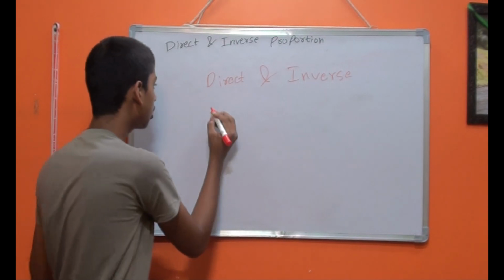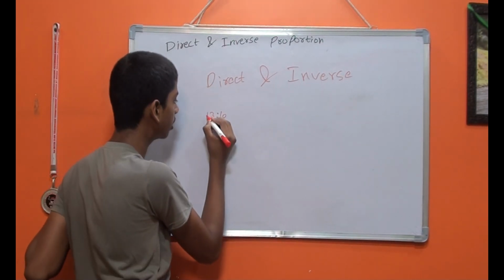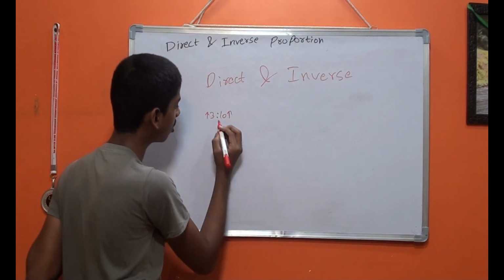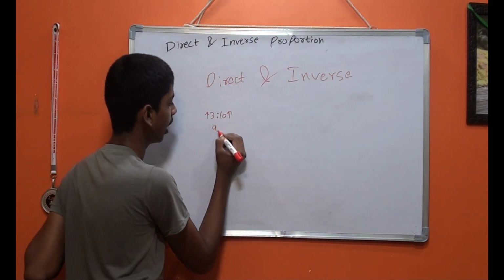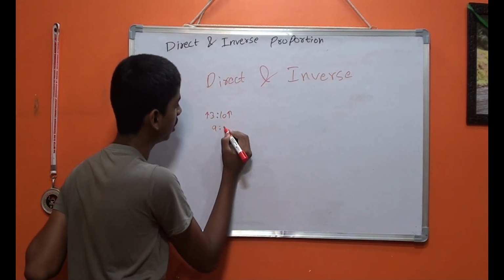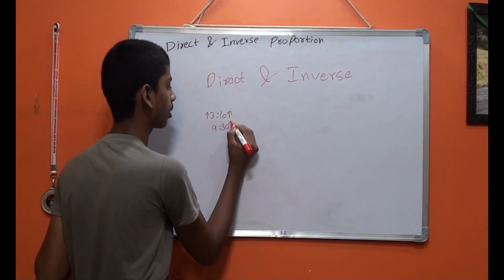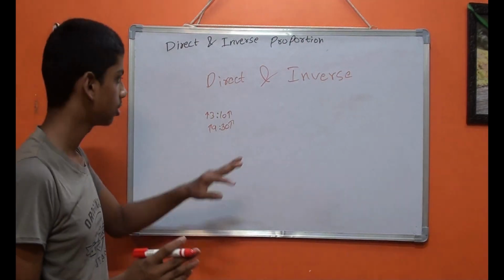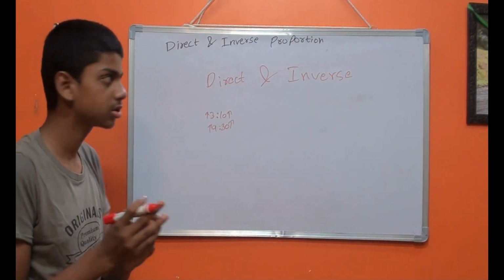Direct proportion means that when this 3 increases, the value of 10 also increases. Instead of 3 here, if there was 9, then here it would be 30. It increased 3 times, that's why here also it increased 3 times.